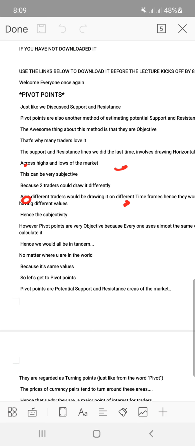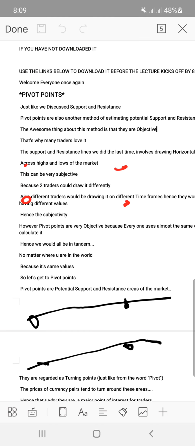Then let's say there are points here and that point. Now for the support, somebody can draw here. Then for the resistance, somebody can draw here. They are both correct, you understand, but it is not general.